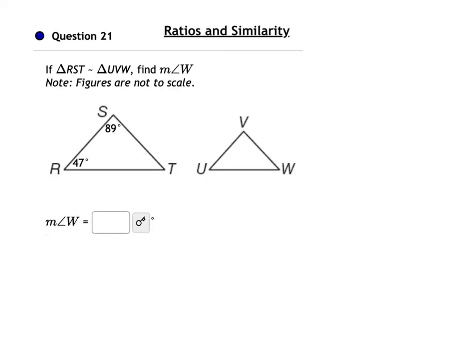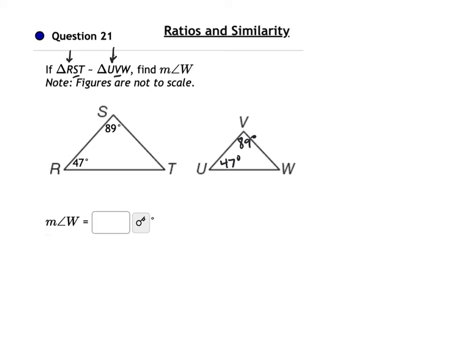Look at the similarity statement. R is first, so it's congruent to U. R is 47, U is 47. S is second, so it's congruent to V, which is also second, and that is 89.